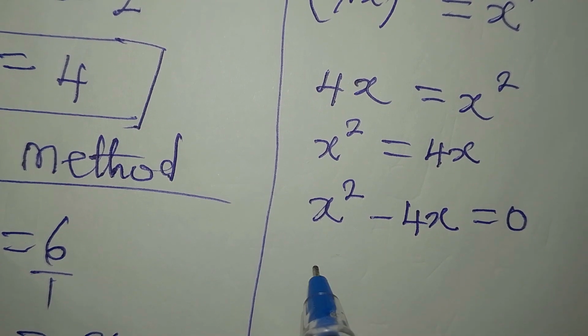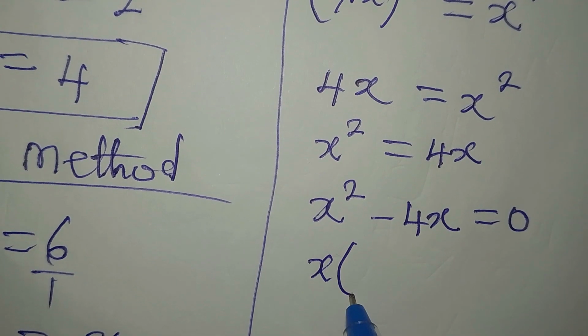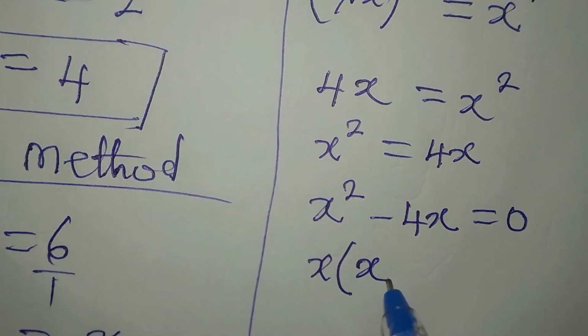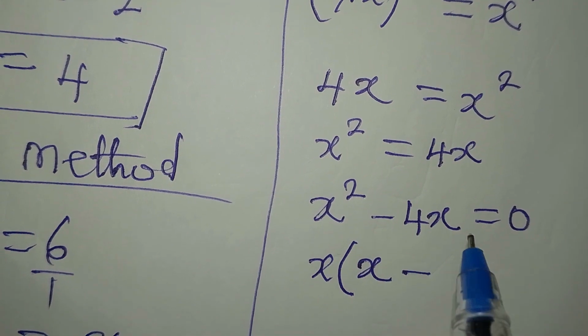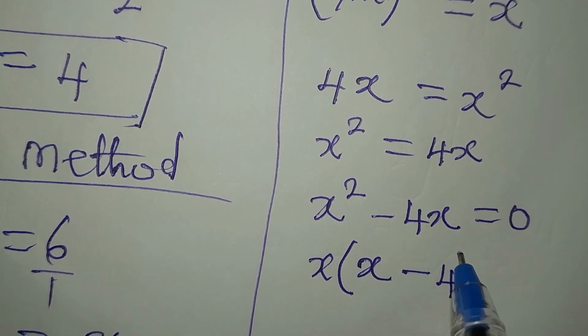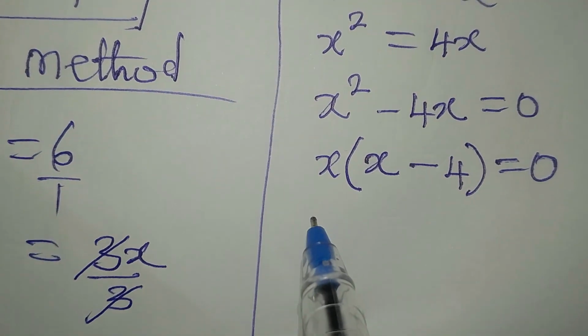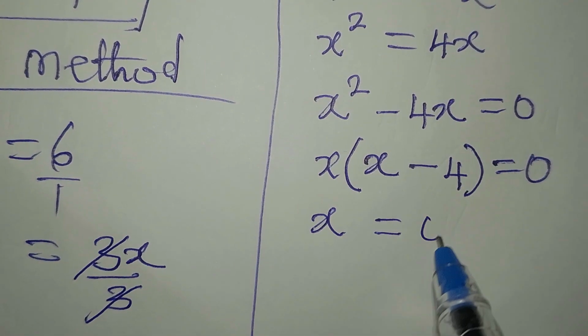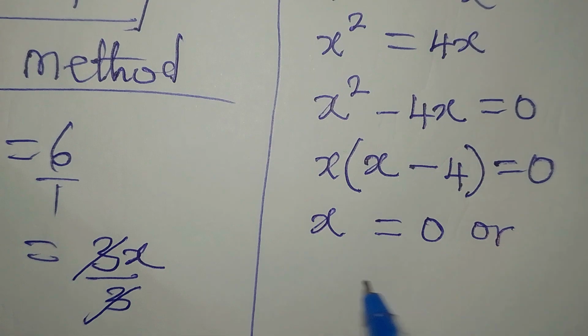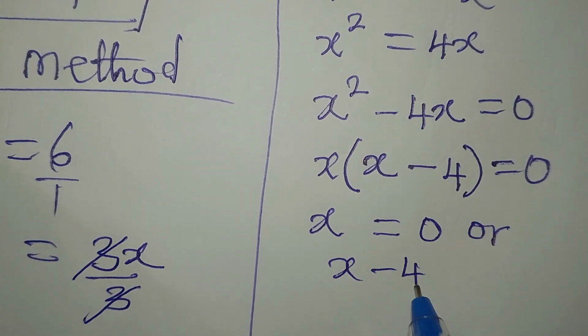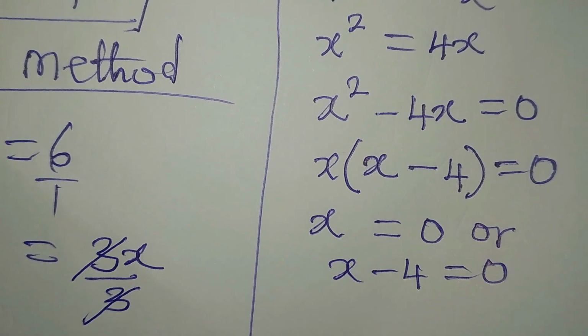Now from here, x is a common factor, so we factorize, then we have 1x for this, and then here only 4 will remain, then we equate to 0. From here now, x is equal to 0 or x minus 4 is equal to 0.